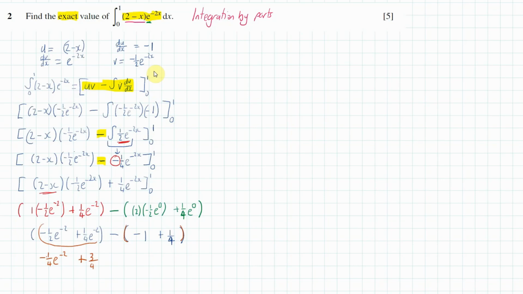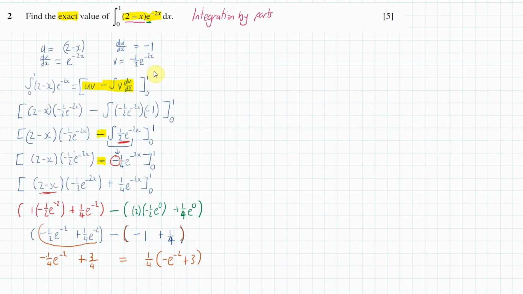And that is our final answer, or we might even factorize it. We could take a quarter out, and we could have minus e to the minus 2 plus 3, or perhaps we could change the order of those. But that will be our final answer. So I hope that makes sense. I've got that as an exact value.